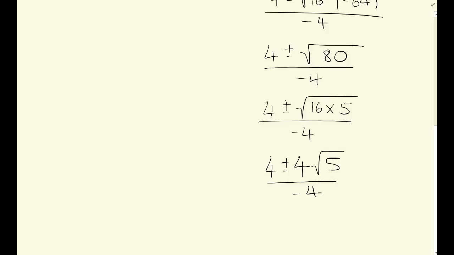So dividing everything through by minus 4 is going to leave me with minus 1 at the front. The plus or minus is going to stay the same, because I've got plus or minus 4 divided by minus 4, which is still plus or minus 1 root 5. So the answer we're looking for is minus 1 plus or minus root 5.